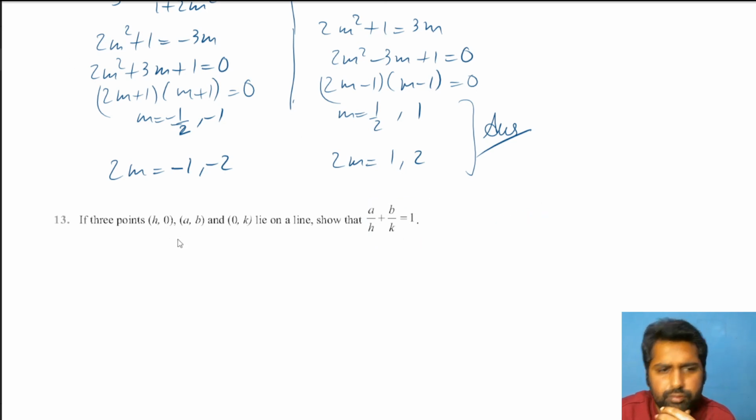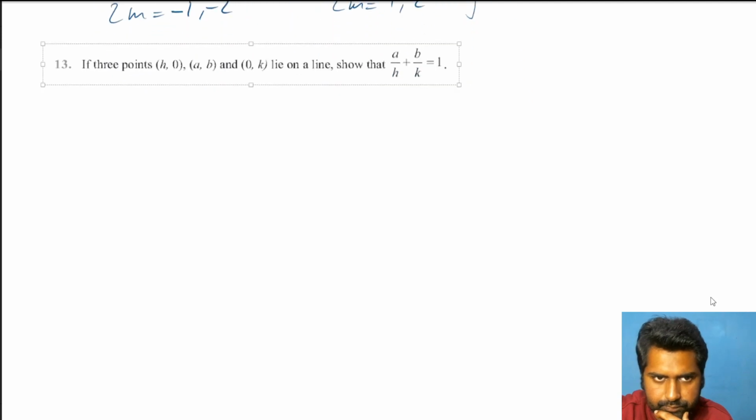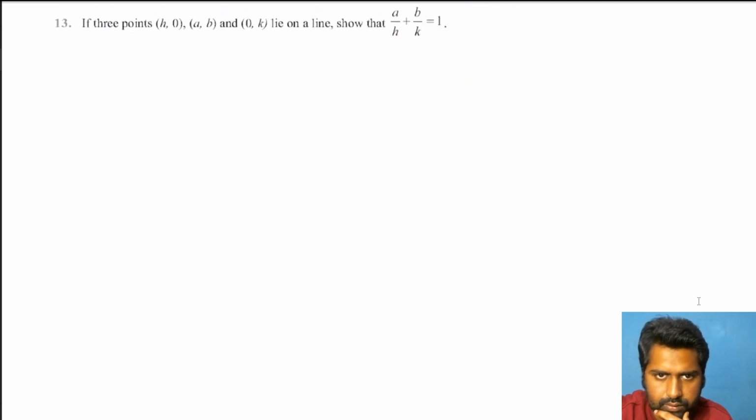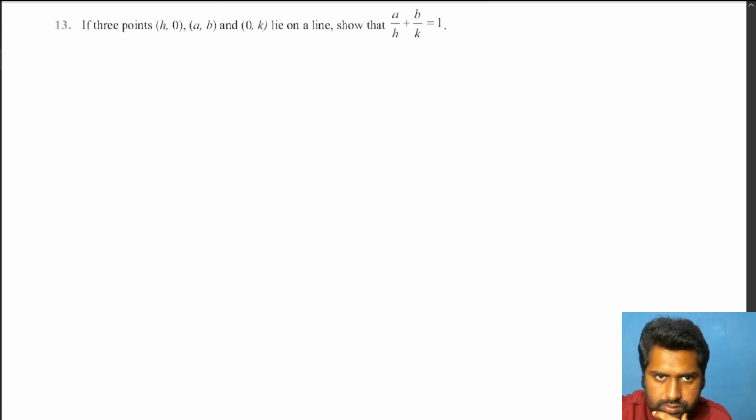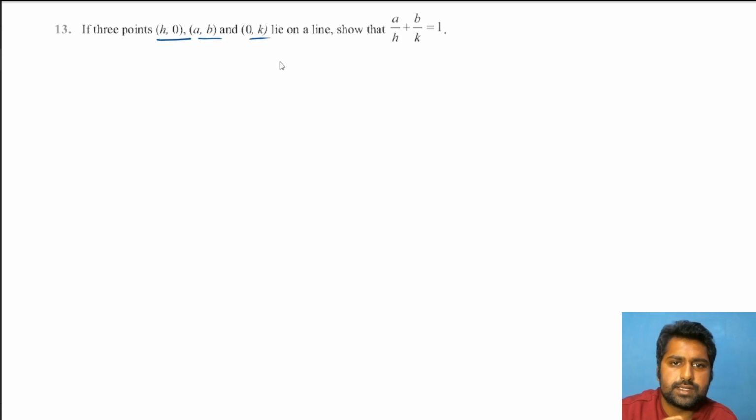So let's see. First of all, let's look at the condition of the question. It is saying 3 points lie on a line. That means he's talking about collinear points that we already covered.